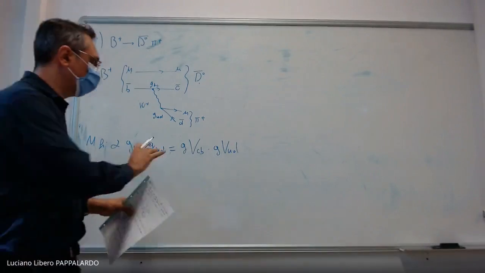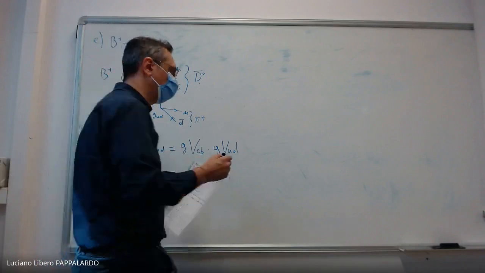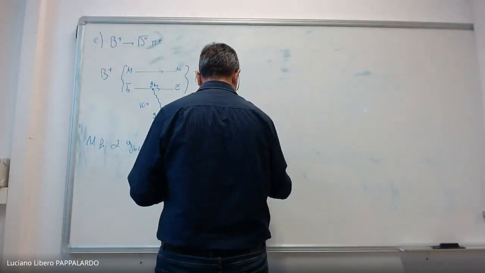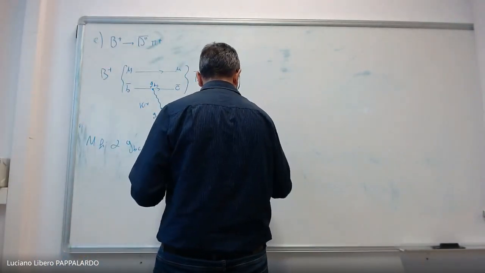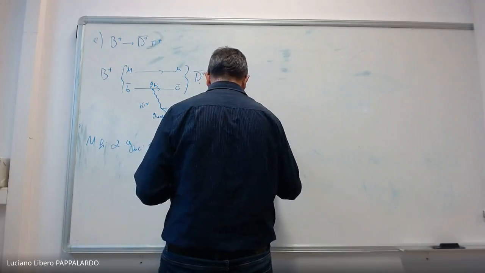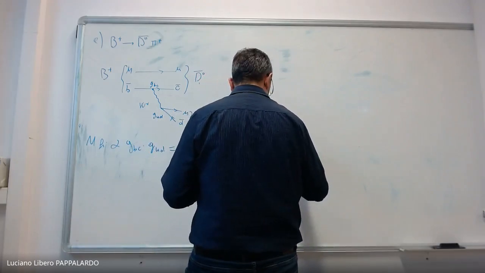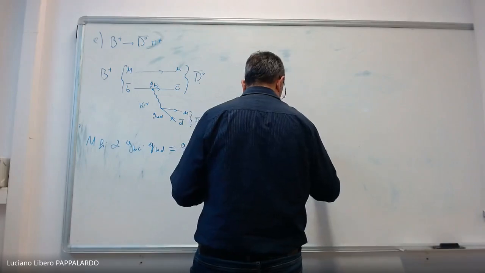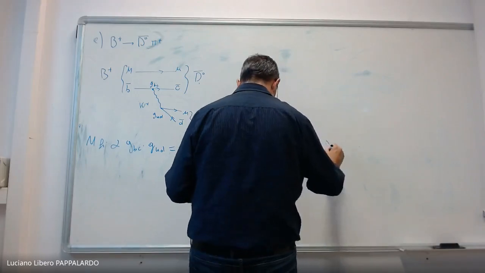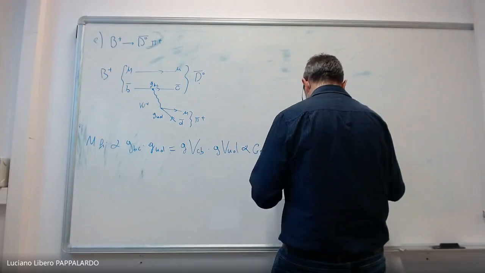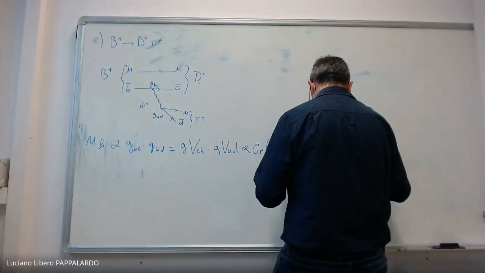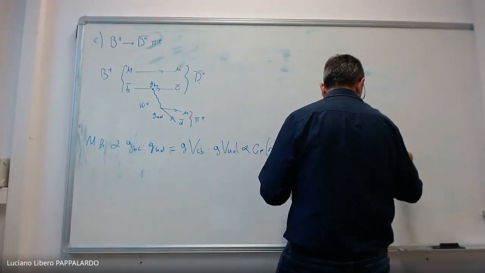Now we can express this in terms of the sine and the cosine of the three mixing angles. So this is G, and then we have the sine of θ23 times the cosine of θ13, and the cosine of θ12 times the cosine of θ13.